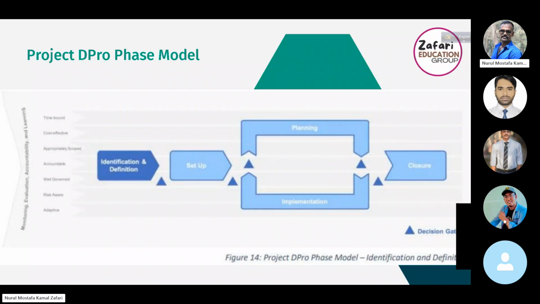In today's class and in the next 5 classes, we shall discuss development projects, and we shall cover the DPRO guide. When we cover the DPRO guide, it means we are covering all the project DPRO phases. And the project DPRO phase model is the model that is used in the development and humanitarian sector.